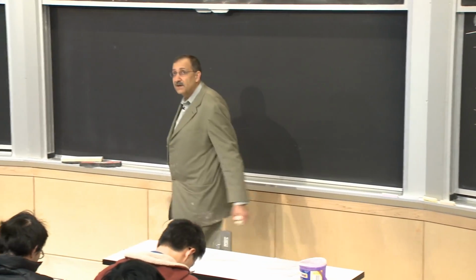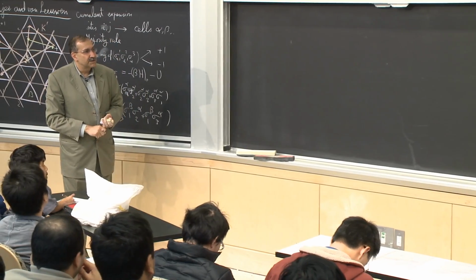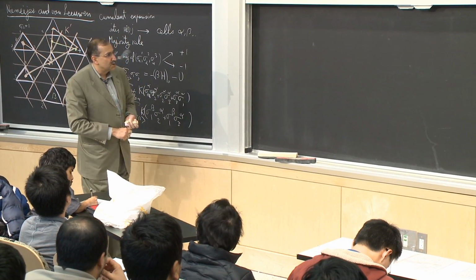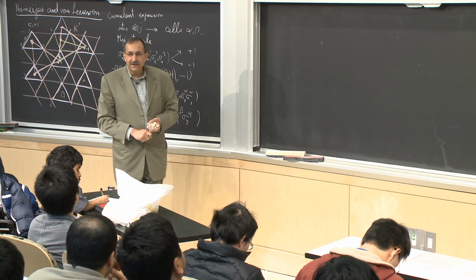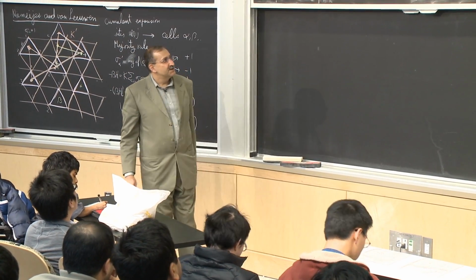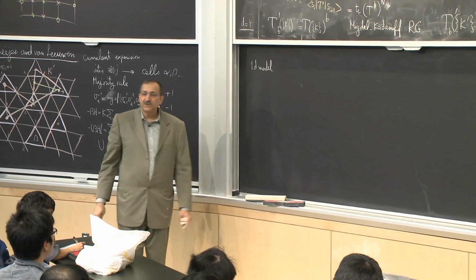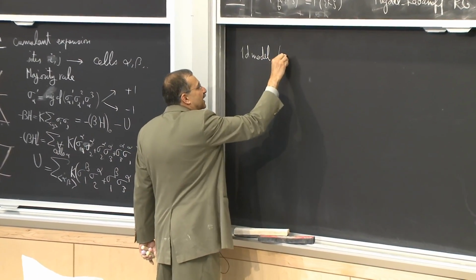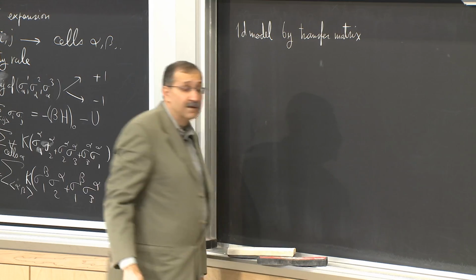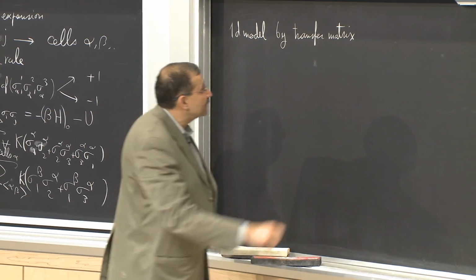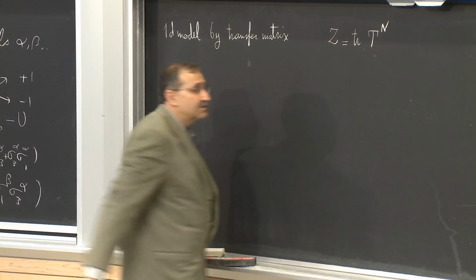So I guess I still have another 10 minutes. I probably don't want to start on the topic of next lecture, but maybe I'll expand a little bit on something that I mentioned very rapidly last lecture, which is that in this one-dimensional model, where I solve the problem by transfer matrix, the partition function is the trace of some matrix raised to the nth power.